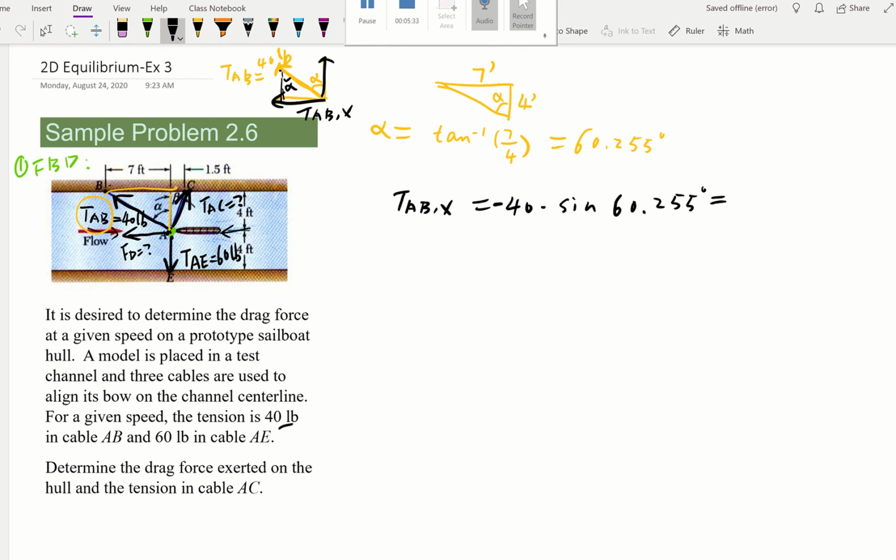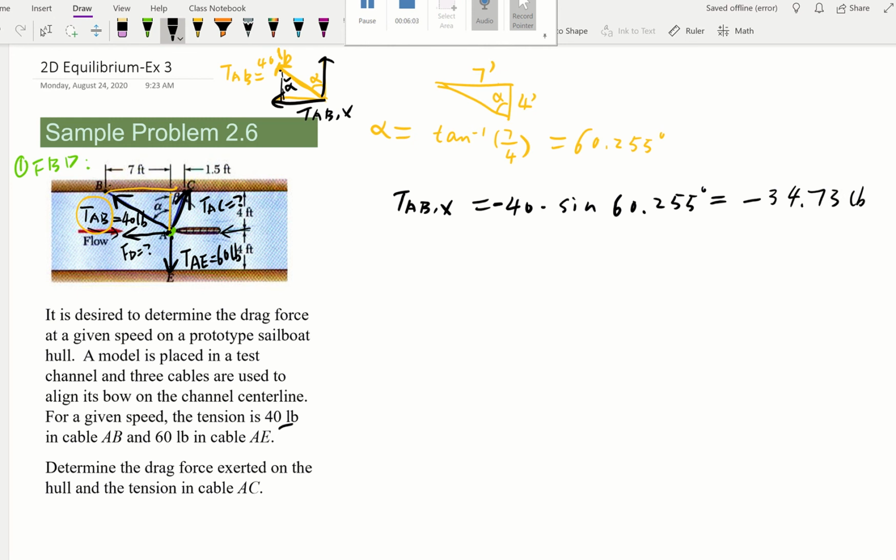So it's 40 times sine 60.255, and the answer is negative 34.73 pounds. That's my x component.